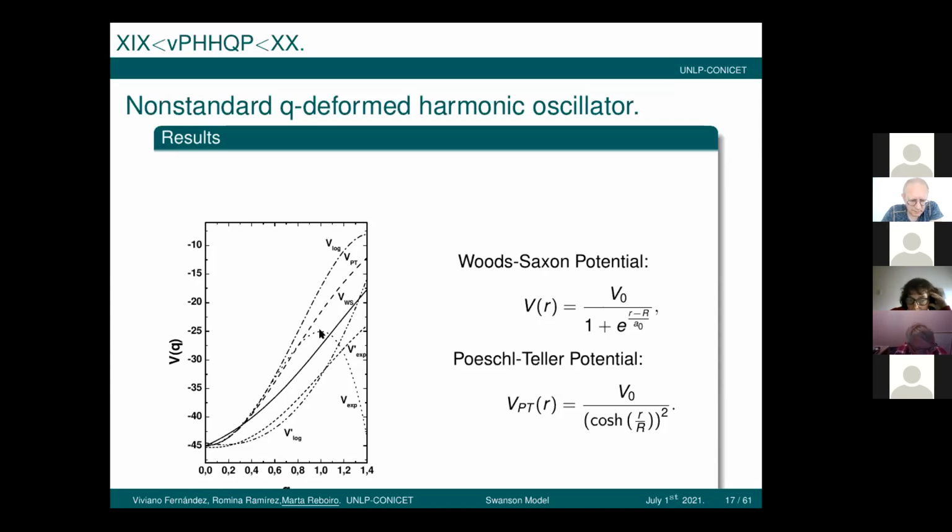Except for the case of the first Hamiltonian with exponential mapping, the other mappings reproduce pretty well the shape of this type of potentials. Well, this was what we wanted to prove at that time.